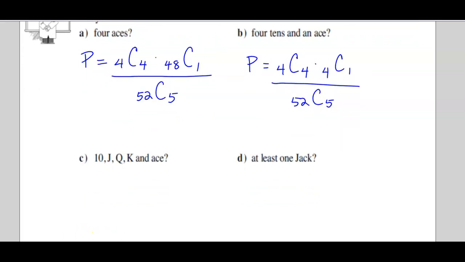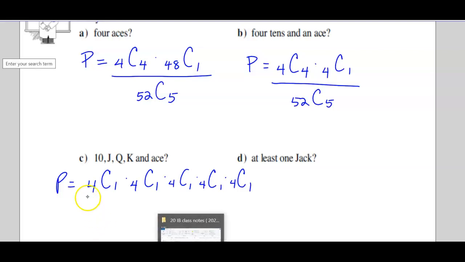Okay, so they're in an order, but they're still in your hand. It doesn't really matter, right? There are 4 tens, so you need to choose one of them. 4 jacks, you need to choose 1. 4 queens, you need to choose 1. 4 kings, you need to choose 1. And 4 aces, you need to choose 1. So really, that is 4C1 to the exponent 5, because that's the same thing multiplied together.